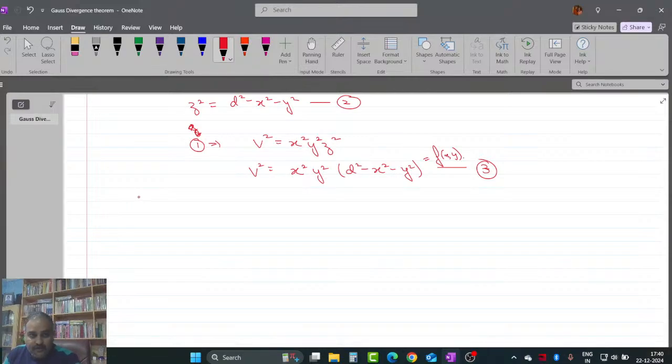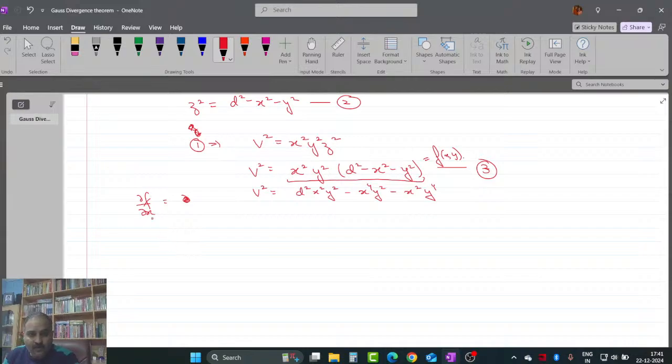Now, the very first step, we need to find ∂f/∂x. That means I need to find the derivative of this part with respect to x. So first of all I expand this value of v square, that will be d square x square y square minus x⁴ y square minus x square y raised to power 4.